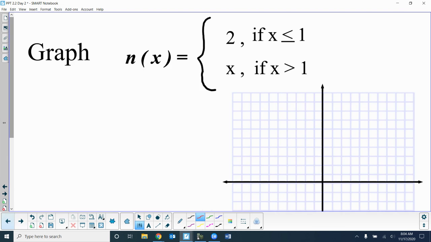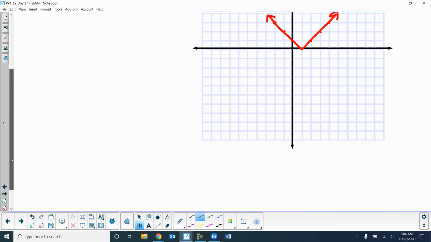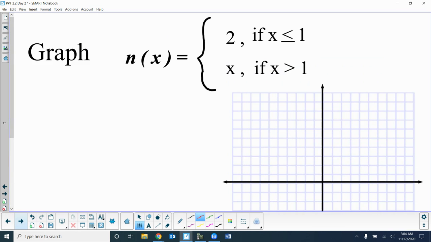Graph a piecewise one. Okay. So n of x equals 2 looks like what? Like y equals 2. That's the same thing. What kind of line is that?